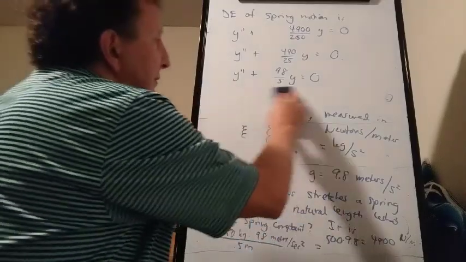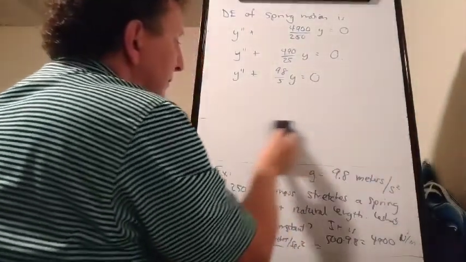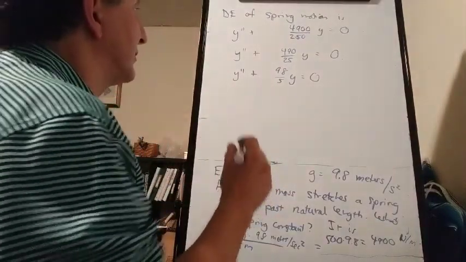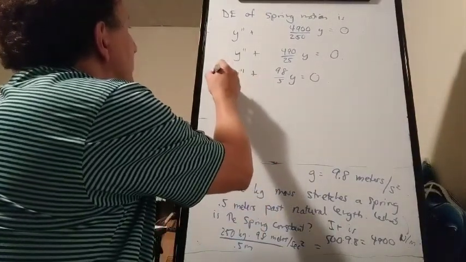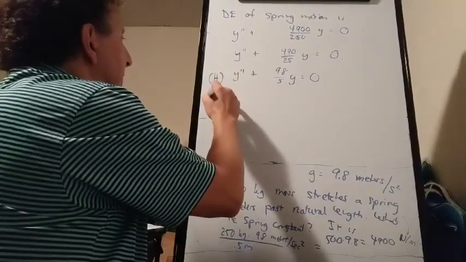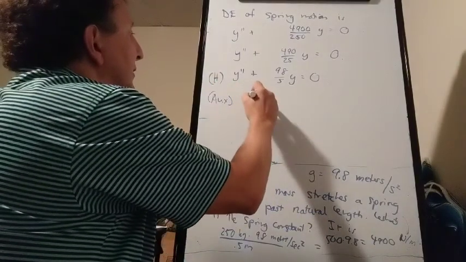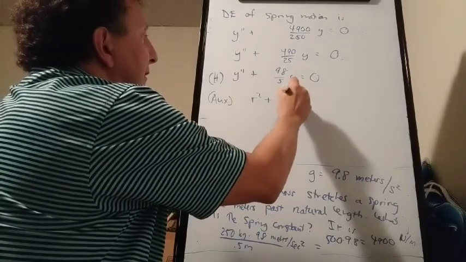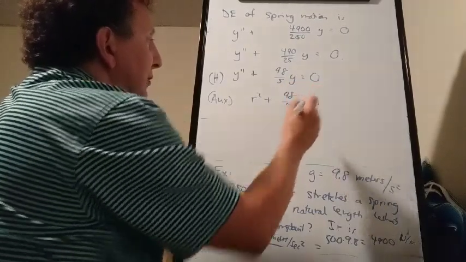Alright, so let's see what this spring does as time progresses. So this is a homogeneous differential equation. The auxiliary equation is r squared plus 98 over 5 equals 0.